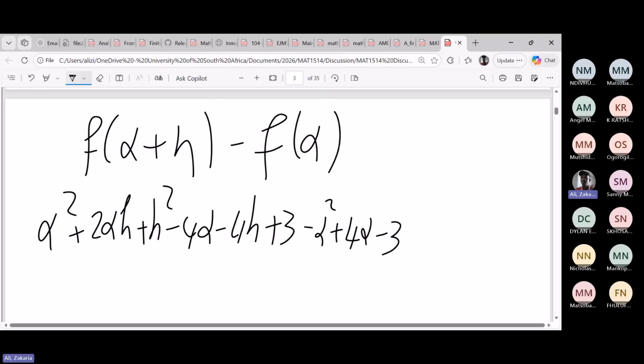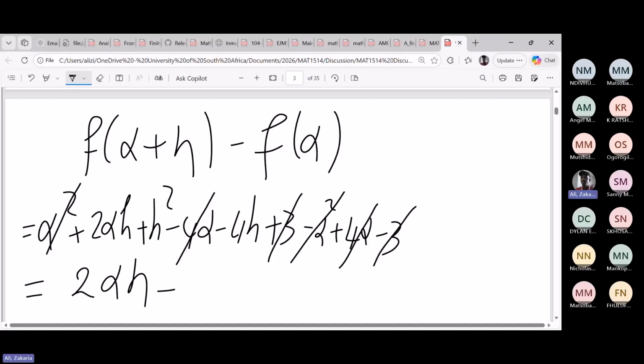So this will just be equal to alpha squared minus alpha squared, which cancels out. 3 minus 3 can also cancel out, right? Then let's look at what else can cancel. 4 alpha and minus 4 alpha can also cancel out. So we are left with 2 alpha h plus h squared minus 4h. These are the ones we are left with.